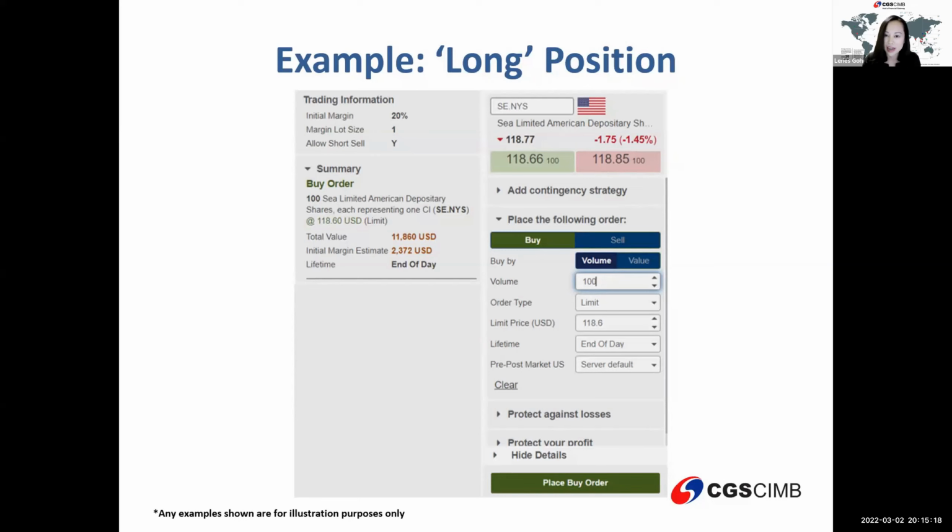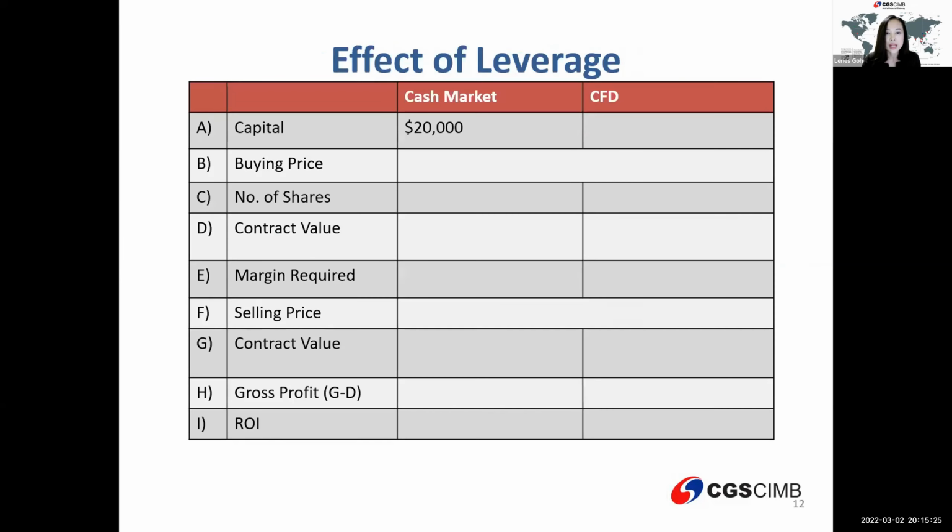Okay, so this is an example of how you use leverage, and you can see the effect of leverage here. So imagine I have only a capital of 20,000. In the cash market, let's say in this example, I have 20,000 and I want to buy shares of $20.